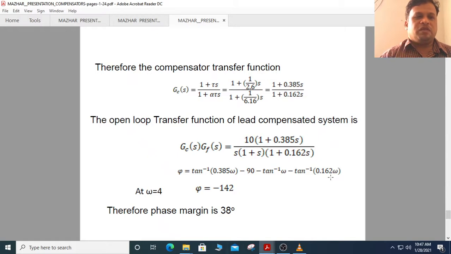In the control system we use compensators to make the system efficient and properly working. The types of compensators we have studied now are lead compensators, lag compensators, and lead lag compensators, and we have seen the different parameters varying between the lead and lag compensators of the system.